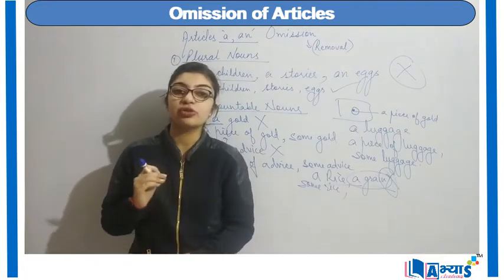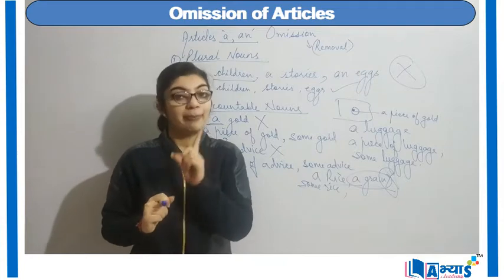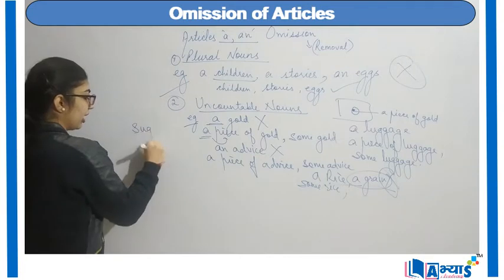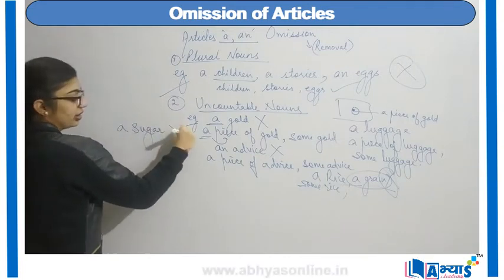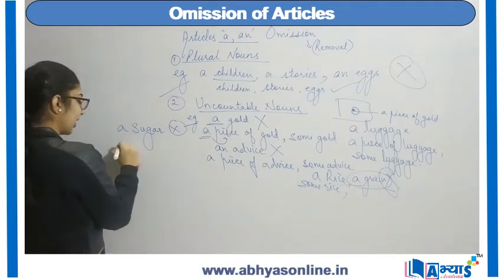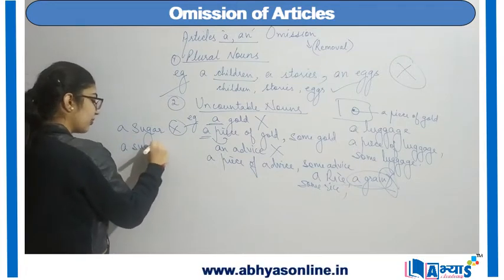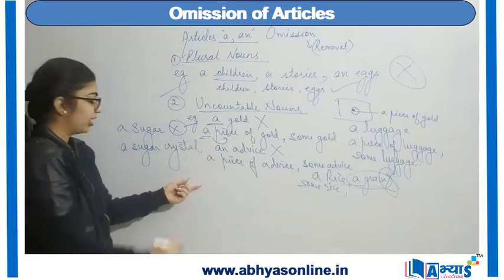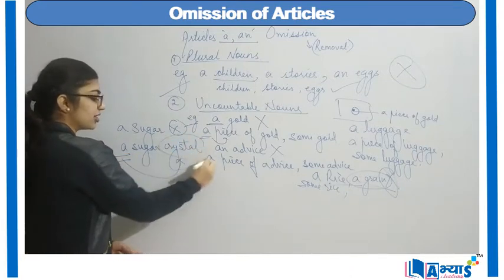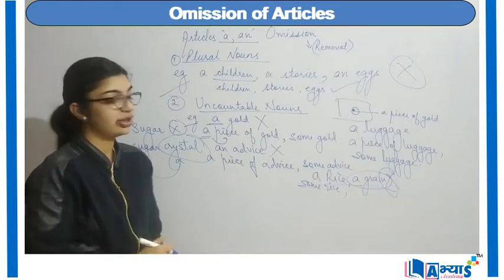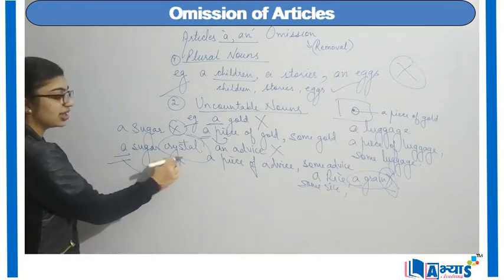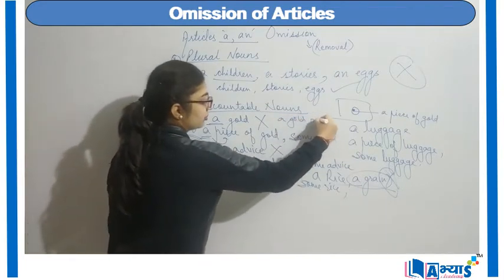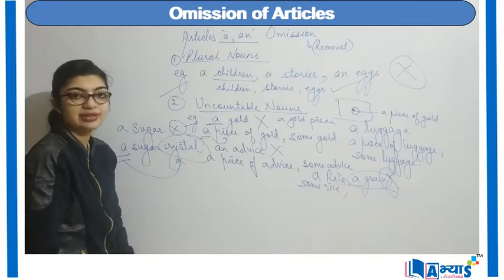I cannot say a sugar, I will never say a sugar. This is wrong, but I can say a sugar crystal. Again, a is being used for the crystal and not for sugar. So a sugar crystal is similar to a gold piece, right?